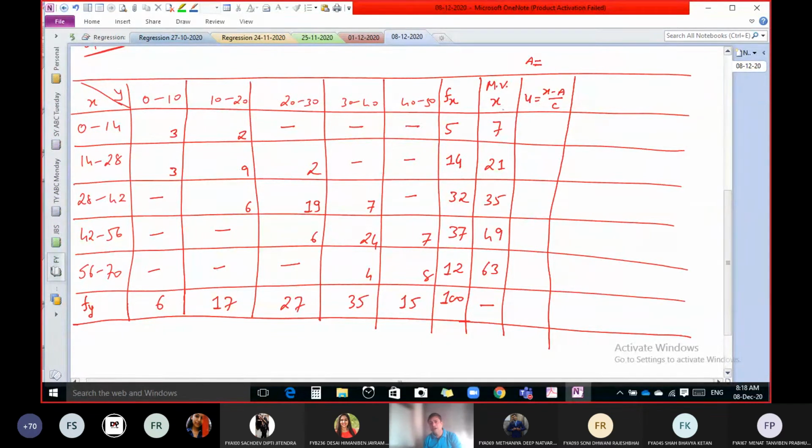These are the values of x, and we have to convert them into smaller values. 30, yes sir, 30. Better to write the middle value, that means 35. Better. Okay, sir. And c, what is the value of c?